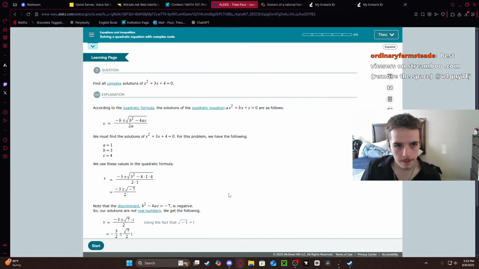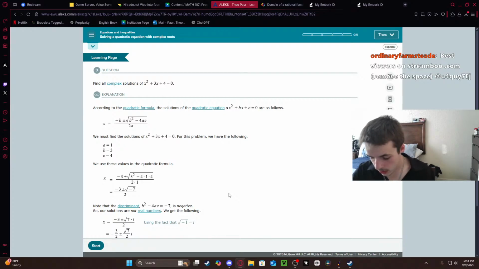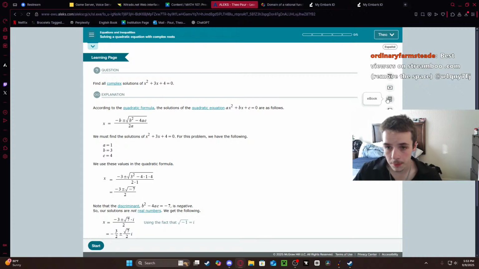That's your solving quadratic equations with complex roots. Let's just flip to the guide page. Okay. Solving a quadratic equation with complex roots will take us to page 77, which tells us to open the ebook, example 8, using the quadratic formula.